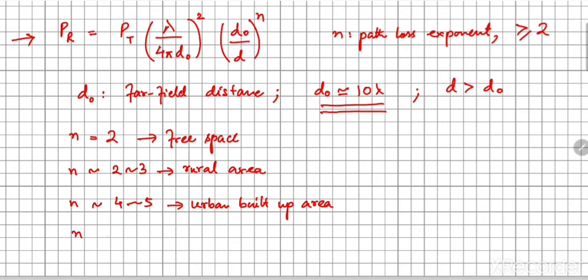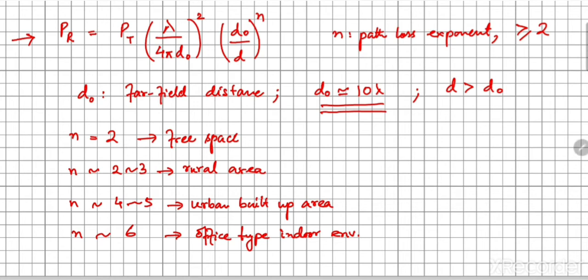A value of n equal to 6 is referred to as the path loss exponent for an office type indoor environment, where there are a lot of walls in between, and the degradation of received power with respect to distance is much steeper and sharper.